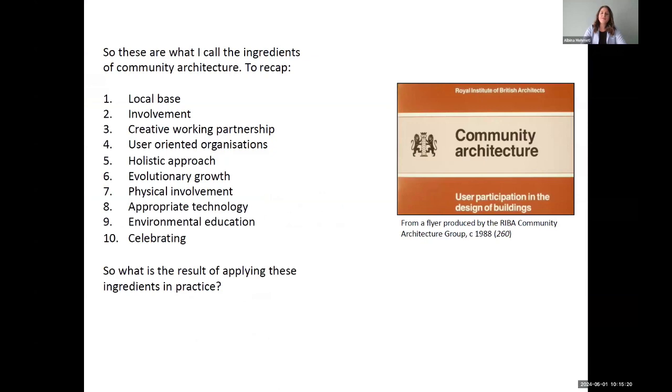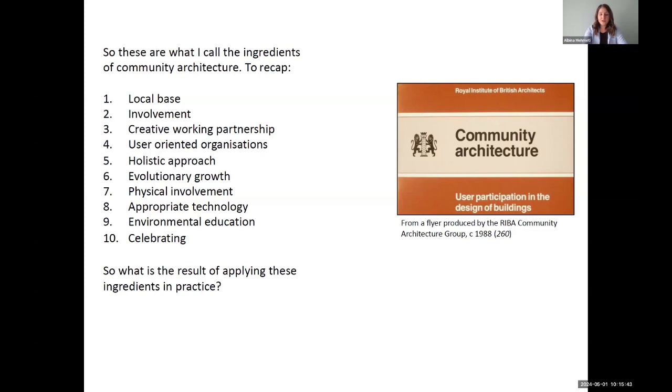So what we have discussed so far are the 10 ingredients of community architecture, which were local-based involvement, creative working partnership, user-oriented organization, holistic approach, evolutionary growth, physical environment, appropriate technology, environmental education, and celebrating.